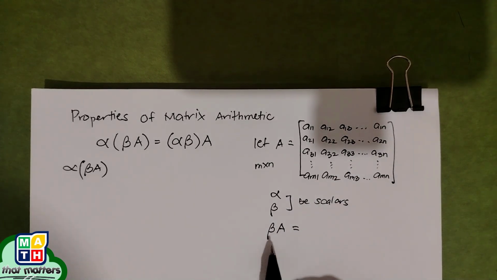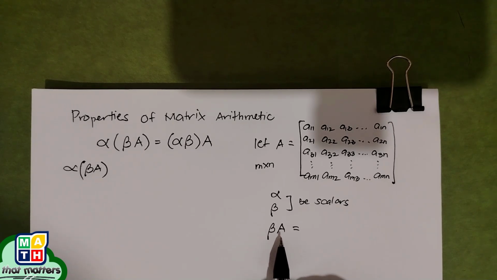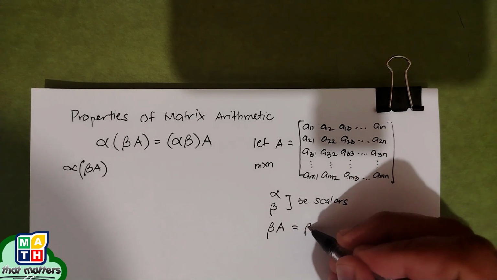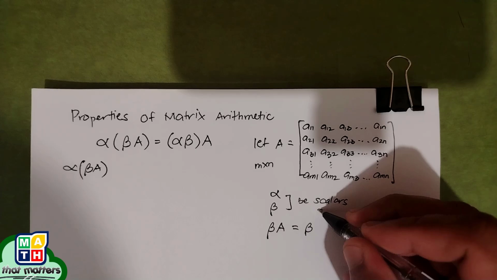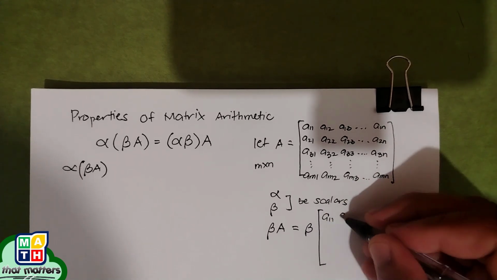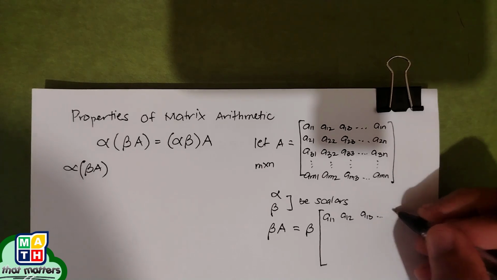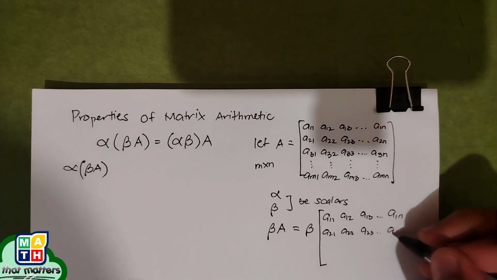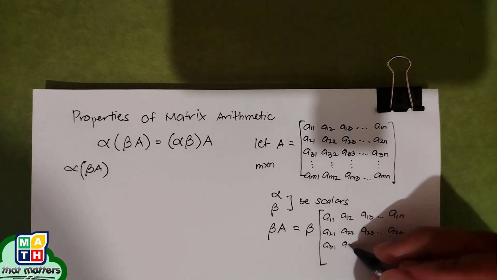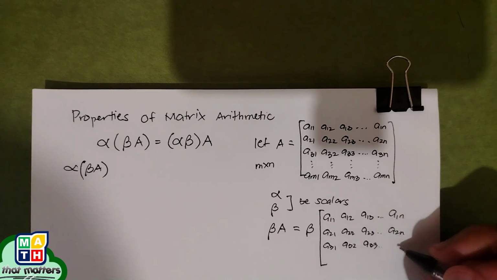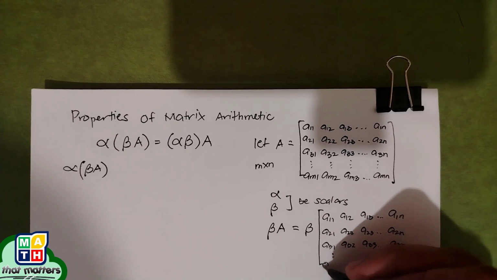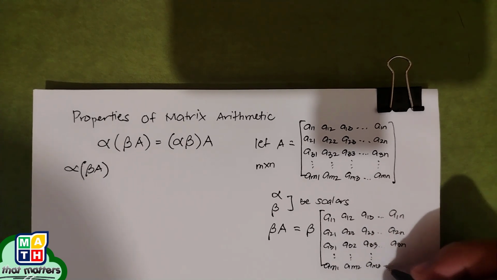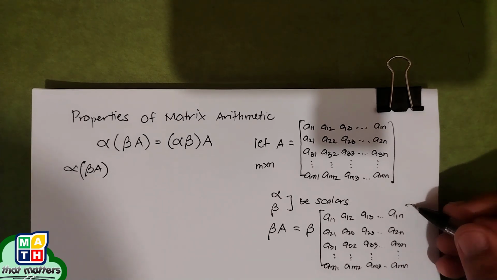This means we're simply multiplying the scalar beta to our matrix A. That would mean we are multiplying beta to all the components of our A: A11, A12, A13, A1n, A21, A22, A23, A2n, A31, A32, A33, pardon my handwriting, A3n, until your mth row, Am1, Am2, Am3, and Amn.